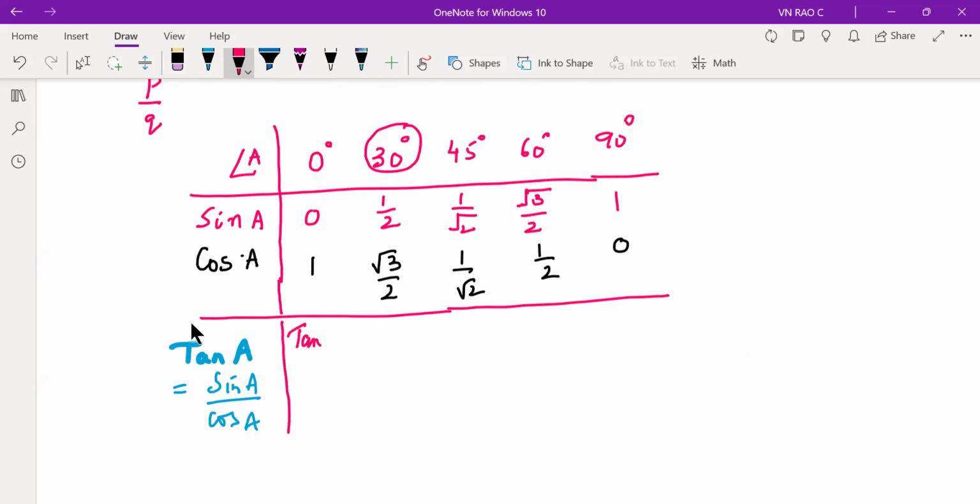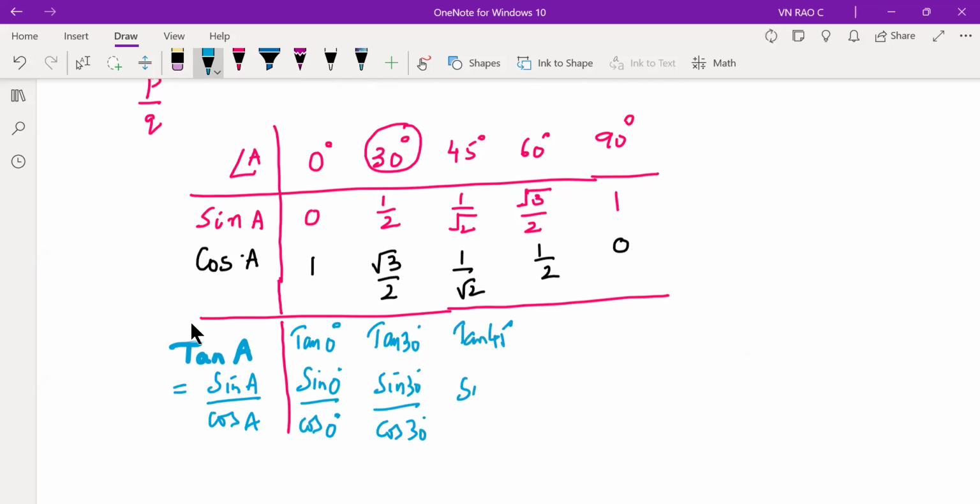Let me erase this. I write tan 0 degrees, which should be sine 0 degrees by cos 0 degrees. Tan 30 degrees is sine 30 degrees by cos 30 degrees. Tan 45 degrees becomes sine 45 by cos 45 degrees.